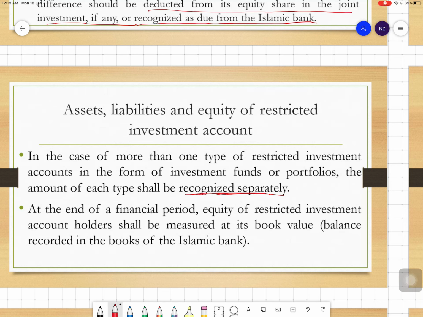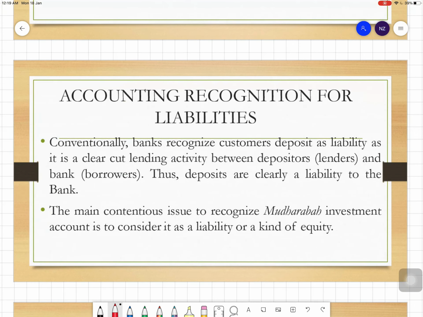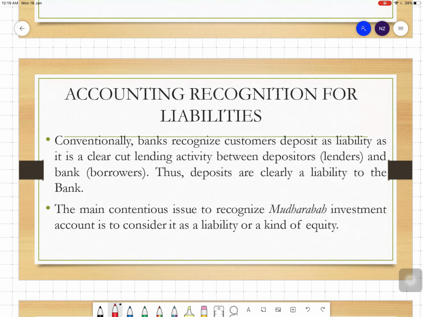And at the end of the financial period, equity of RIA holders shall be measured at its book value. Same as UIA, they are measured at book value. Only the account recognition must be separate for RIA, but for UIA we can mix the accounts.